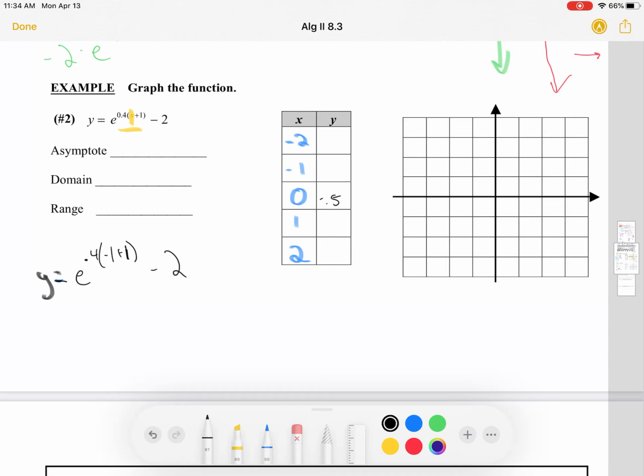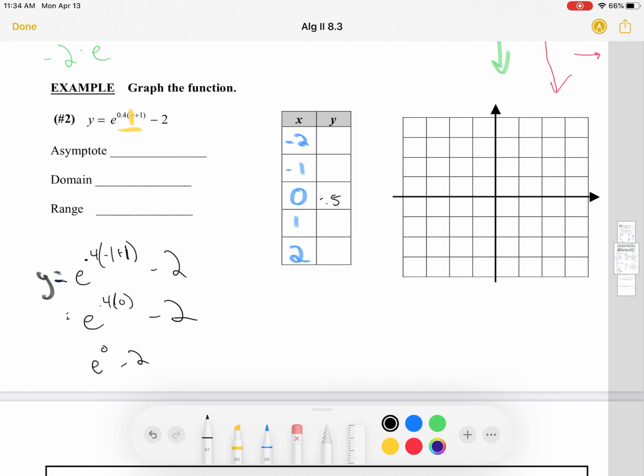Negative 1 plus 1. So now negative 1 plus 1 in your head, you should be able to do 0. So this is e raised to the 0.4 times 0 power, minus 2. Well, 0.4 times 0 is just 0. E to the 0, minus 2.